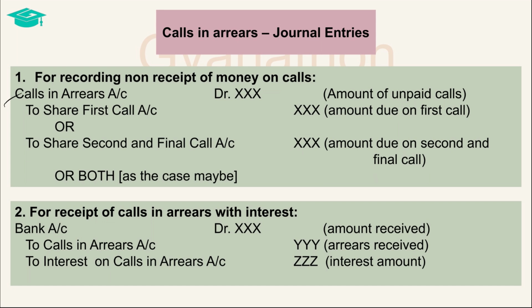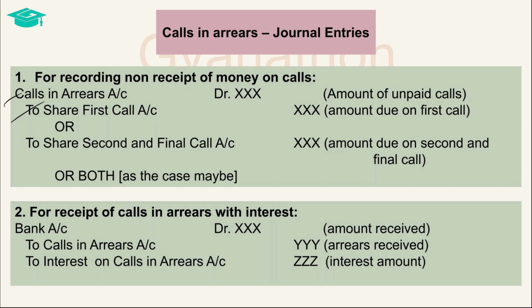The credit is given to the respective call account, which can either be allotment or share first call or share final call or all of these as the case may be, with the amount due on such particular call. So, if calls are in arrears for multiple calls, then each specific call account should be credited and the amount unpaid thereon should be recorded as a credit to such account and debited with the calls in arrears account.